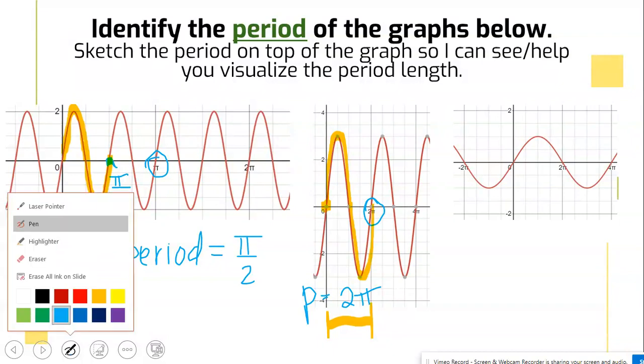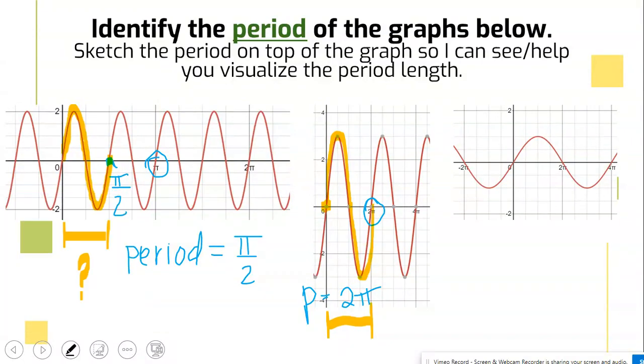And lastly, we want to check out this other graph right here. Again, highlight one cycle of sine. It starts at 0 and ends at 0. It starts, goes up, comes back down to the middle, goes down, and comes back, right? The period is how long this wavelength is. How long does this wave last?